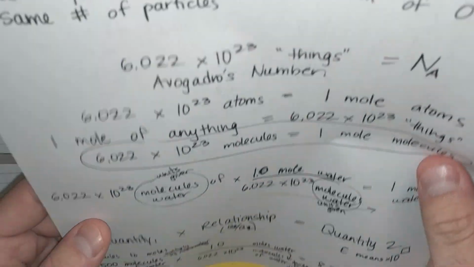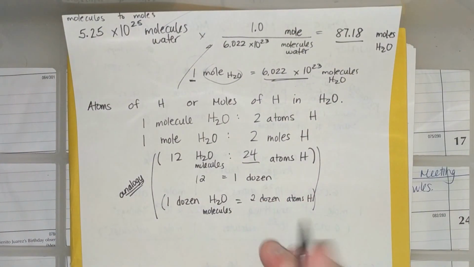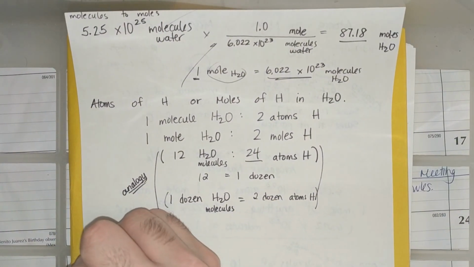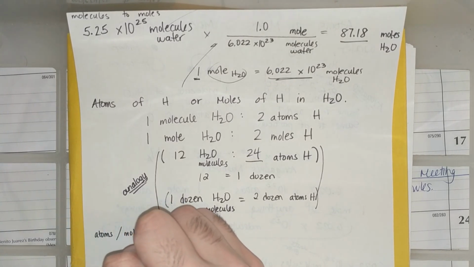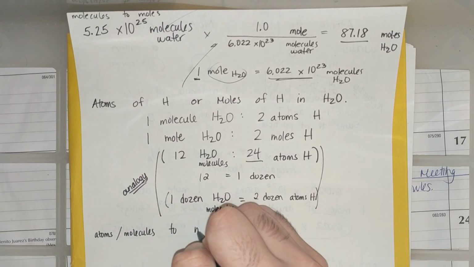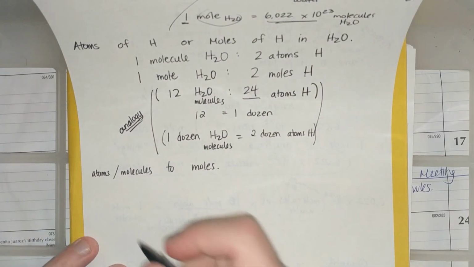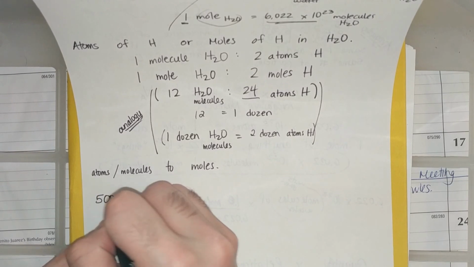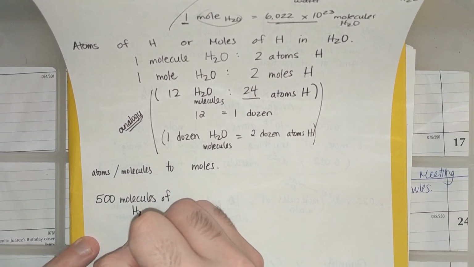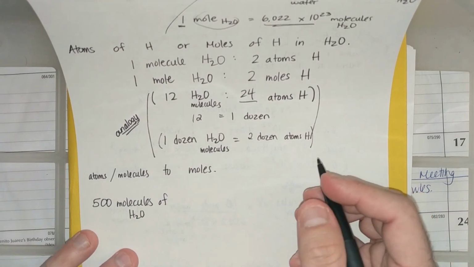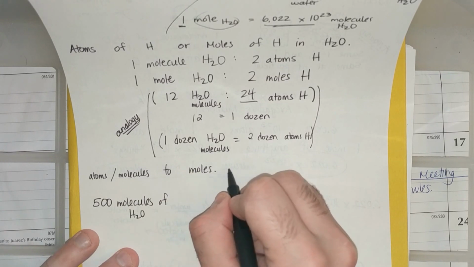So let me go back to this number here. We had 500 molecules of water. Let's say I had 500 molecules of H2O, and I want to know how many moles of H there are.